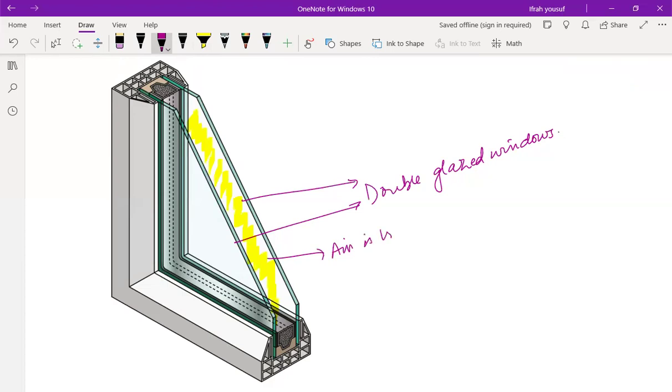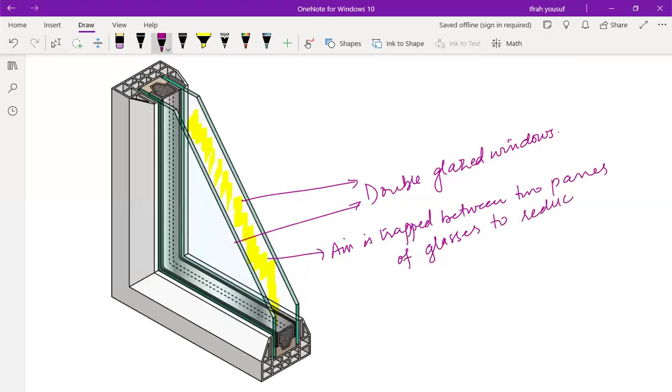So what I'm going to write here: air is trapped between two panes of glass, right? For what purpose?